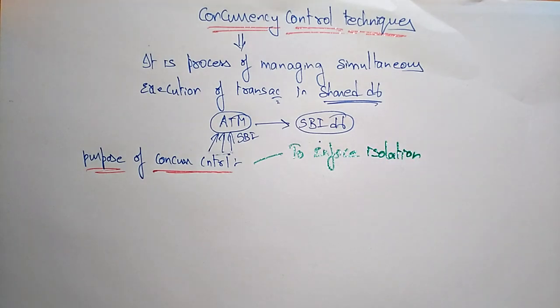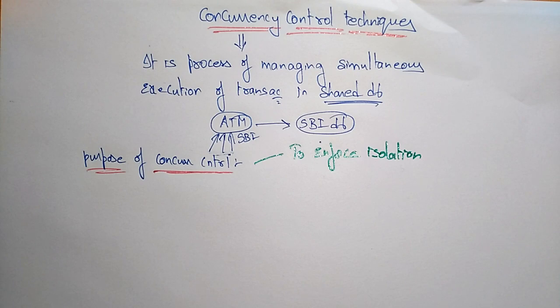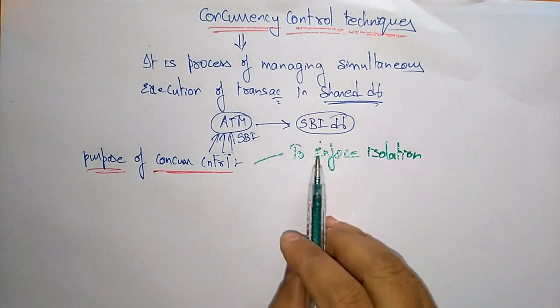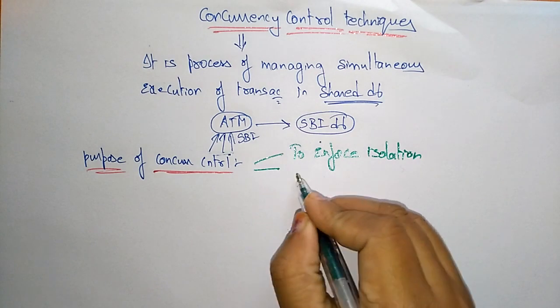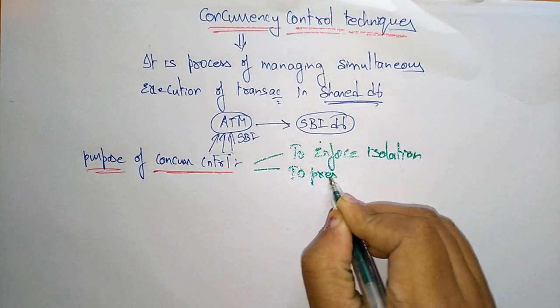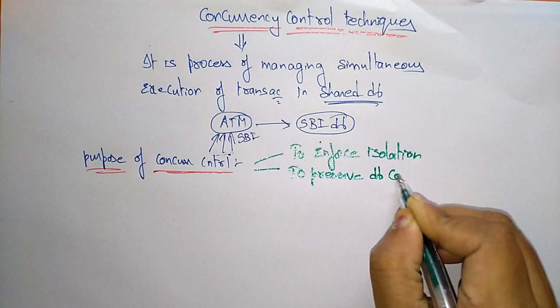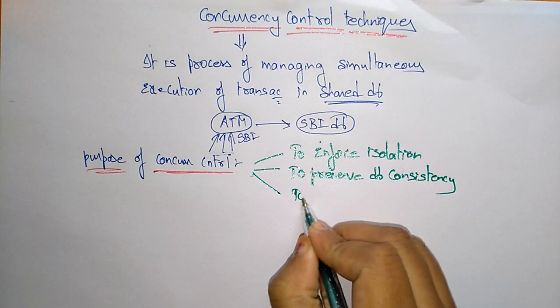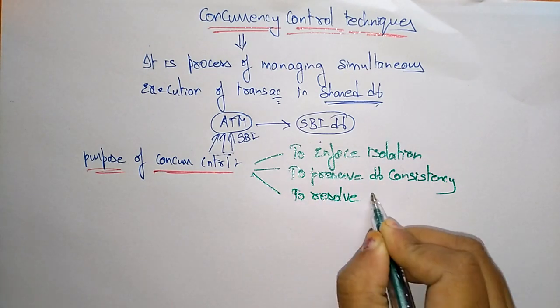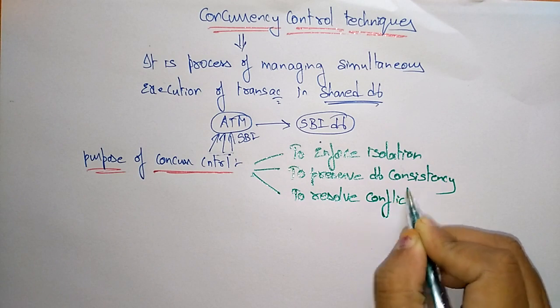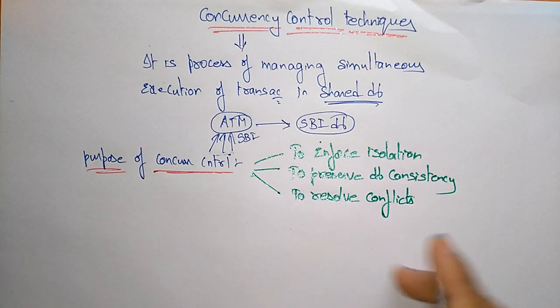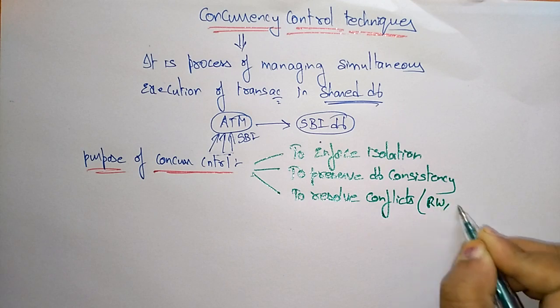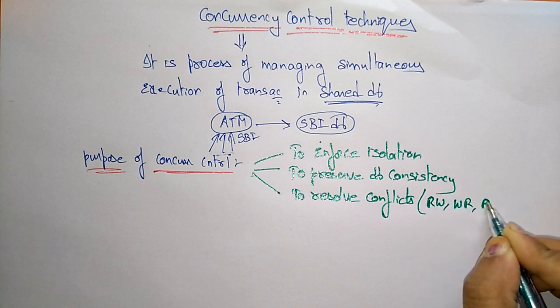Everyone knows that the transactions accessing the database should be in isolation, so the purpose of using concurrency control is to enforce isolation, to preserve database consistency, so you are maintaining the database always in a consistent state, and to resolve conflicts. What are those conflicts? Read-write conflict, write-read conflict, and write-write conflict.